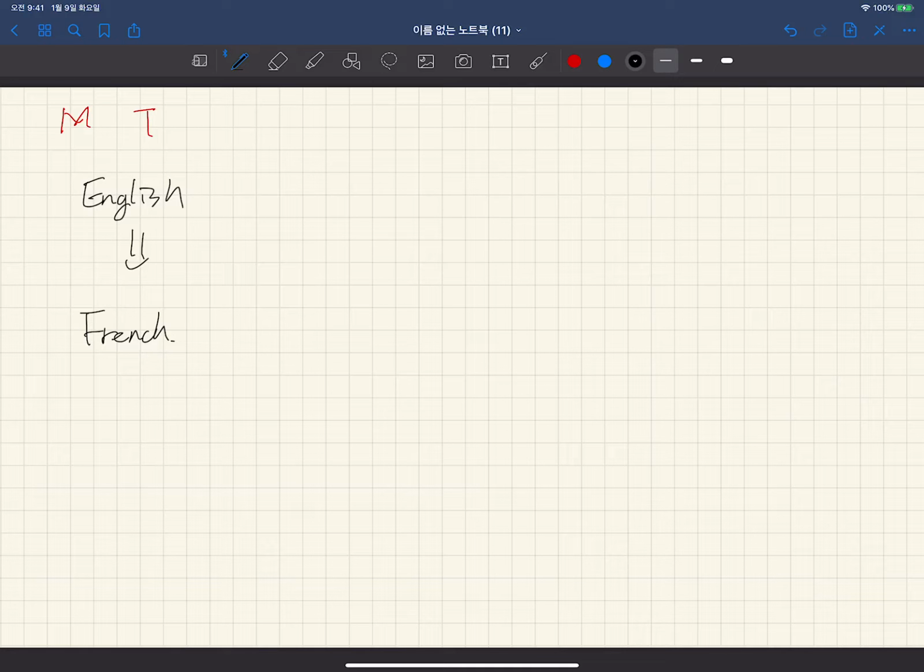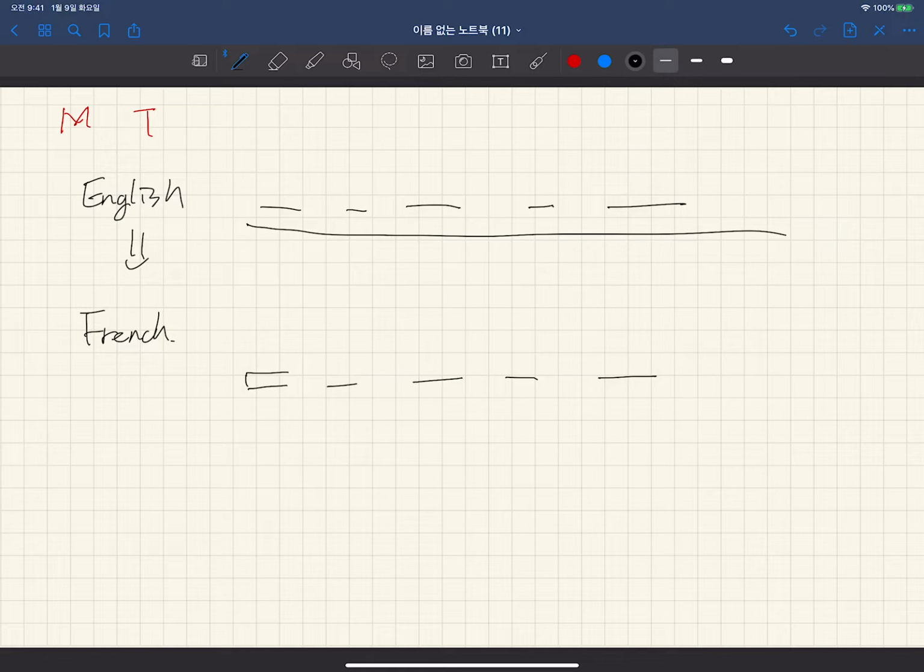So a sentence in the English language usually consists of many different words, right? And a French sentence as well. There are many French words. So when you construct a French sentence that has the same meaning as the English sentence, you have to find the right French word based on the English sentence.